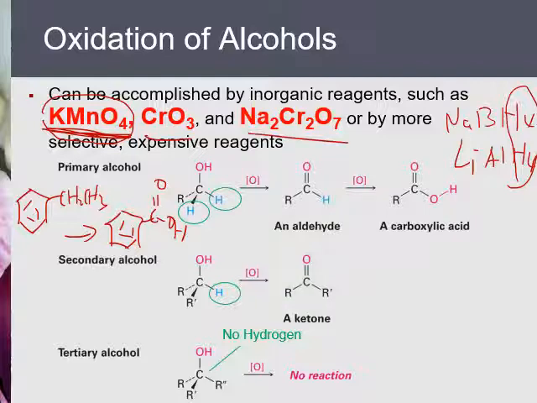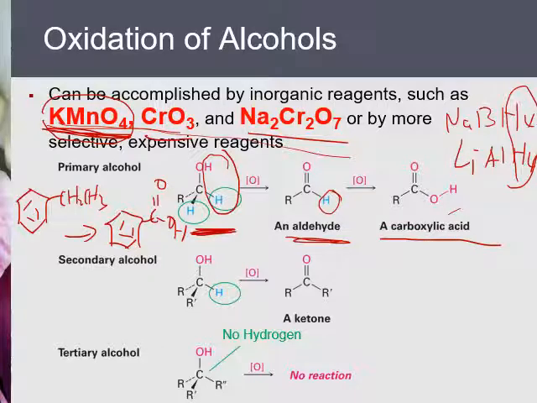By treating with one of these oxidizing reagents, a primary alcohol first loses two hydrogens to form an aldehyde. Then a hydrogen can be replaced by a hydroxy group to form a carboxylic acid. So for primary alcohol, carboxylic acid is the final product.